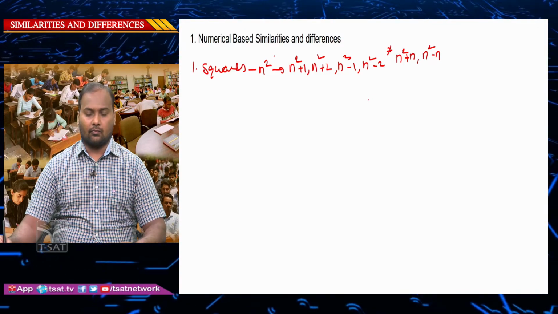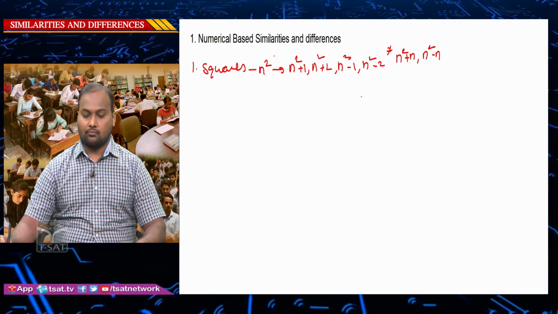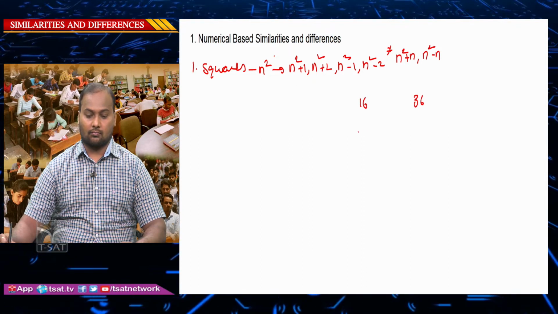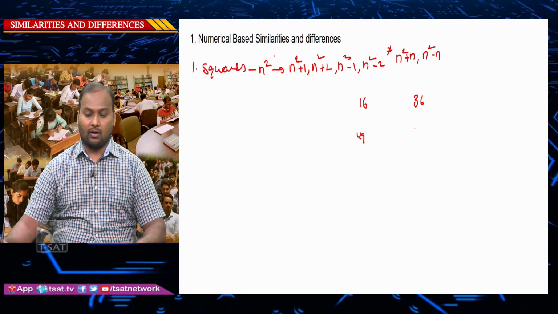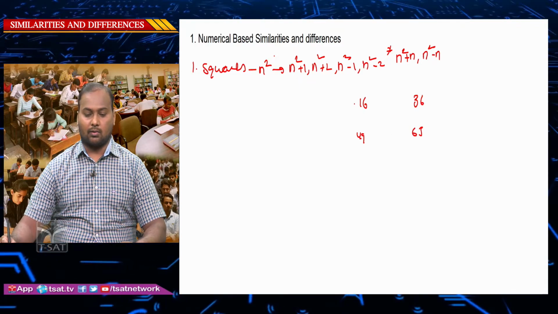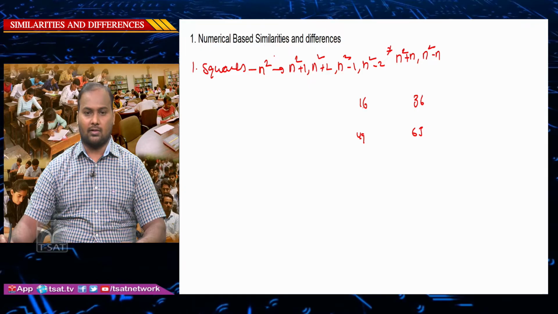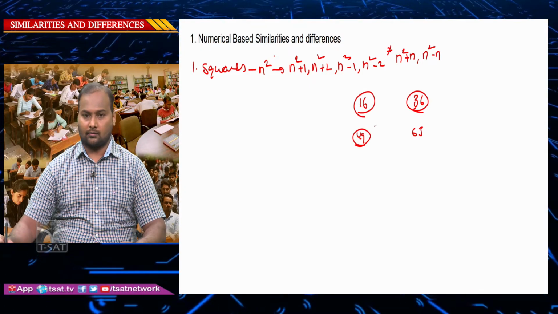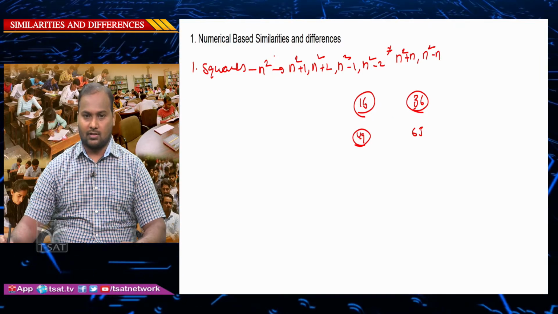See, generally, for example, he will give four options, that is 16, 36, 49 and 63. See, what is the similar thing in this case? Take 16, 36 and 49. All these are squares, that is a similar thing.